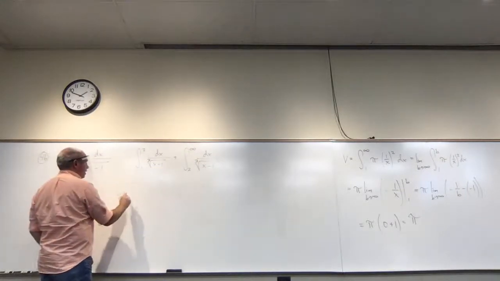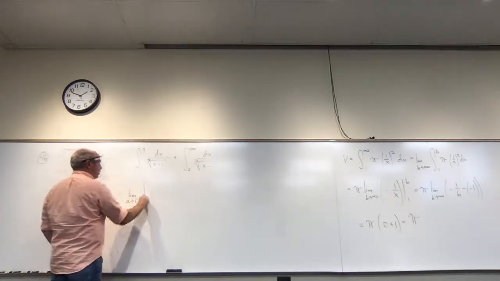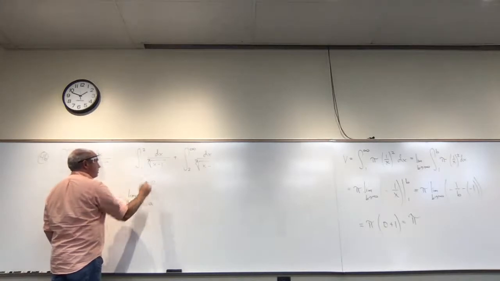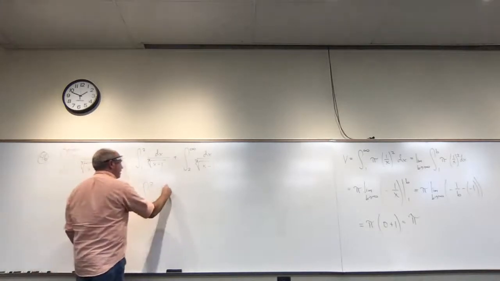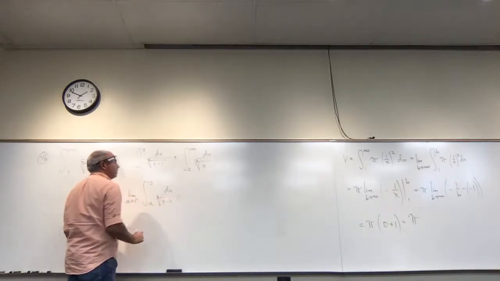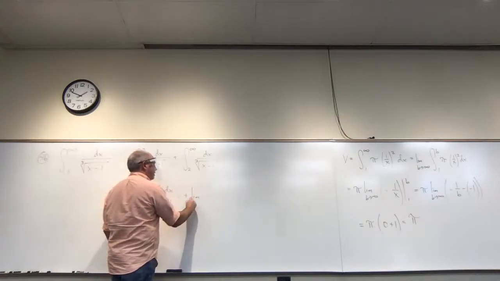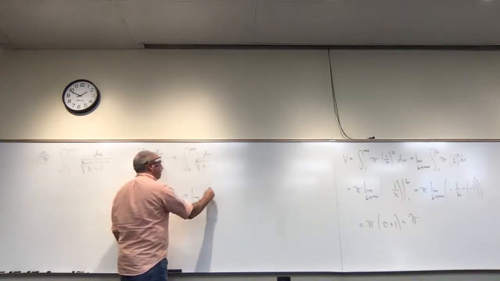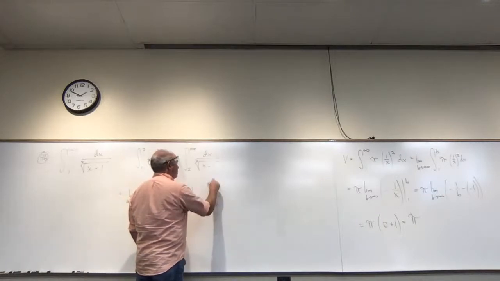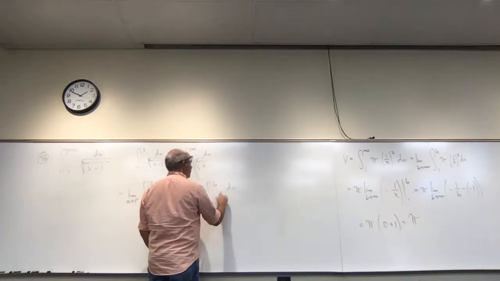So I'd rewrite it like this: the limit as a goes to 1 from the right of the integral from a to 2 of dx over the cube root of x minus 1, plus the limit as b goes to infinity of the integral from 2 to b of dx over the cube root of x minus 1.